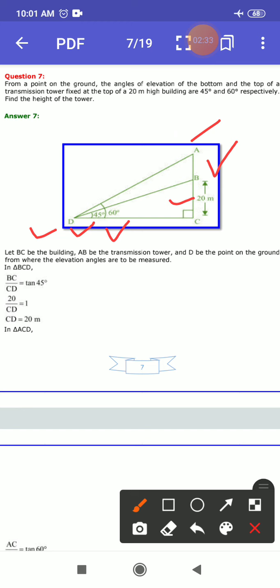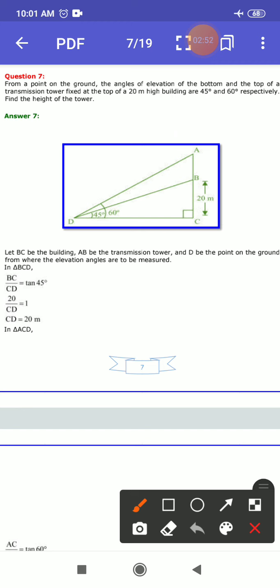When you see the bottom of the tower, which is B, the angle made is 45. So this is the figure, and by this figure you have to solve your question. Now you have understood what the question says.